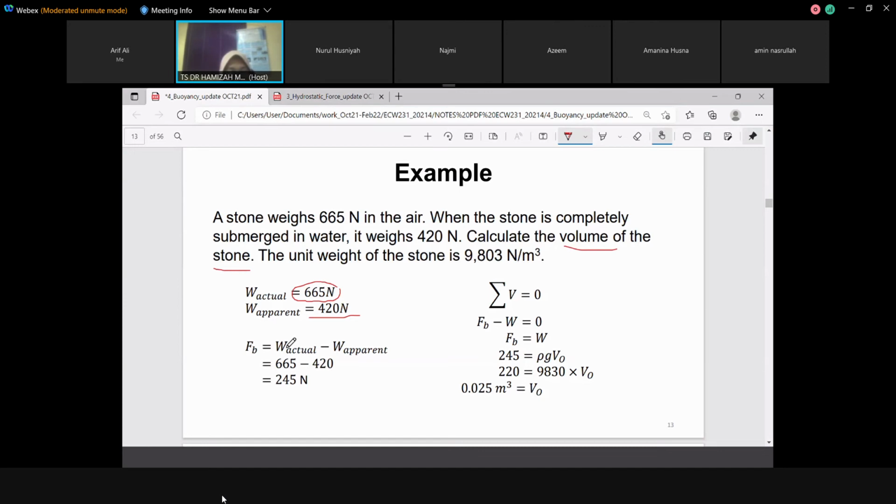So we need to subtract W apparent from W actual. So we get the buoyant force. And make the summation of vertical force 0. So FB minus W equals 0. So FB is 245. The weight is rho g V object. So they have given the unit weight of the stone, 9803, times V object. So we can calculate the V object of the stone.